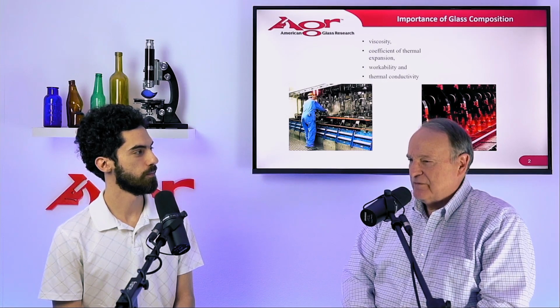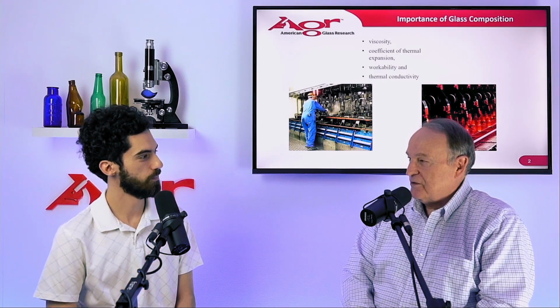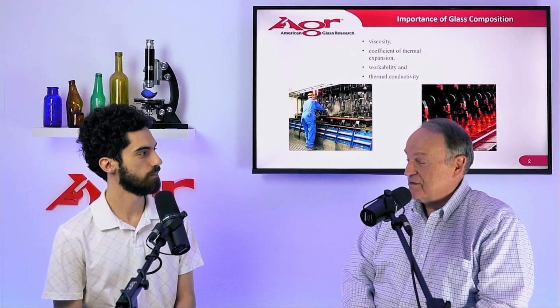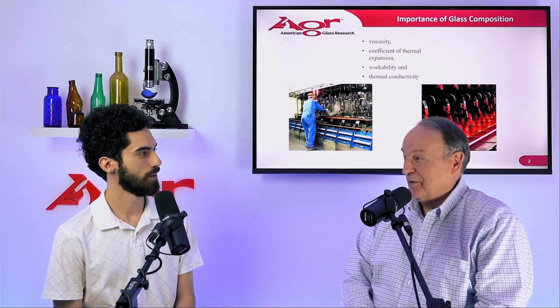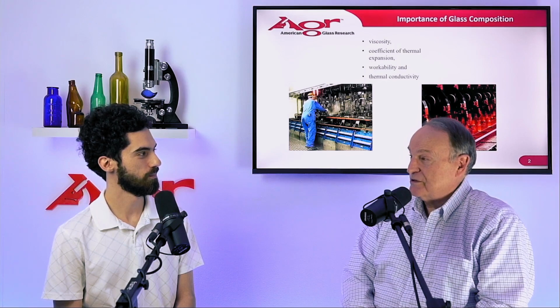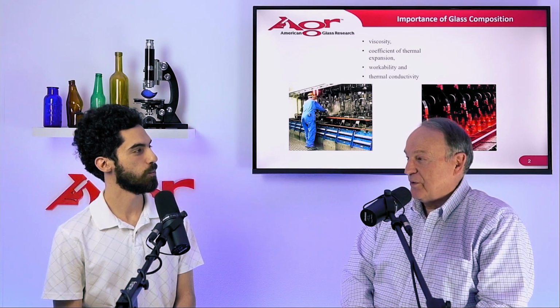That's somewhat of a nebulous term. It's not really something that's measured. But if you talk to a person who is forming the glass containers, they know all about workability. They can detect very quickly by just observing the forming machine whether the glass is consistent or not. And they call that workability.